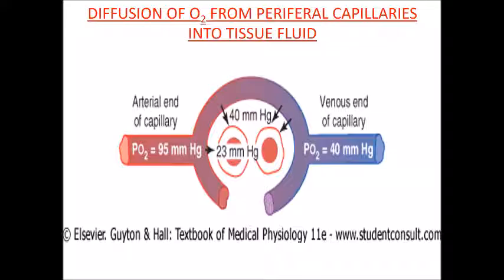So oxygen will diffuse from interstitial fluid inside the cells very rapidly. So in this way finally oxygen from the lungs will enter into intracellular fluid, and the venous blood, which is carrying deoxygenated blood, will have a PO2 of 40 millimeter of mercury.